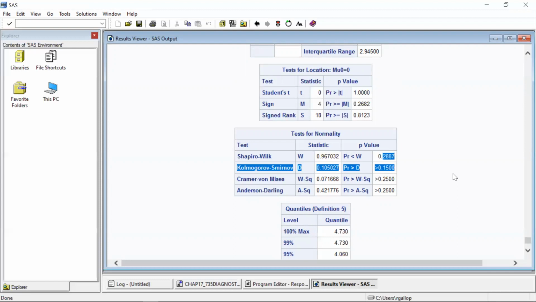The p-values here are kind of like what we saw with the homogeneity of variance test. These tests have the assumption that the residuals are normal.